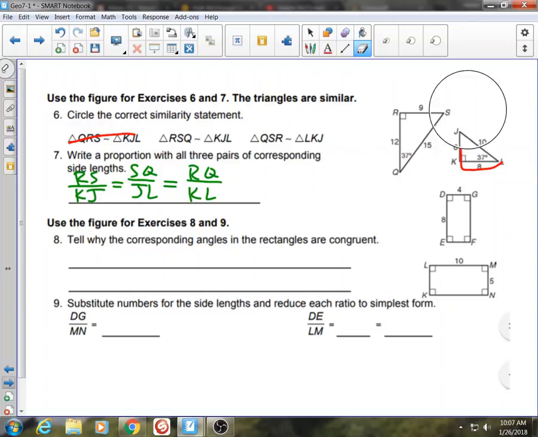So how about RSQ? That would have to match up with KJL. That looks like a possibility, right? And the last one, QSR. QSR would have to match up to LJK. But that option is LKJ, so that wouldn't be right.